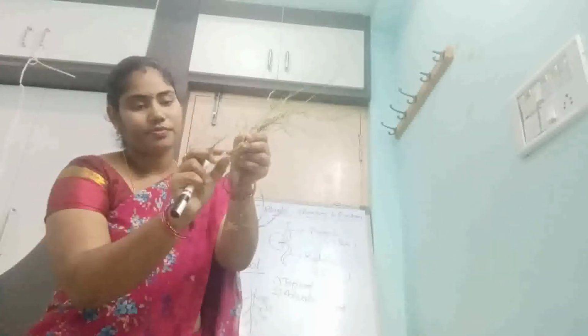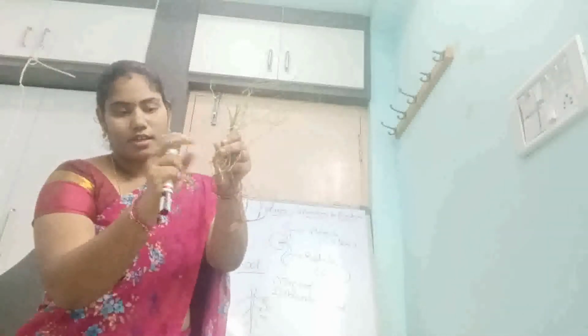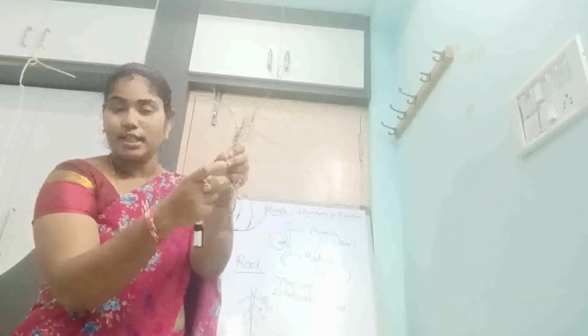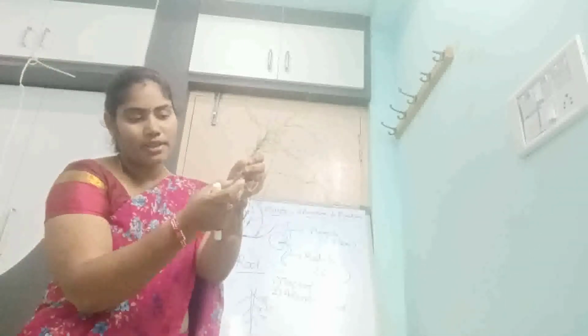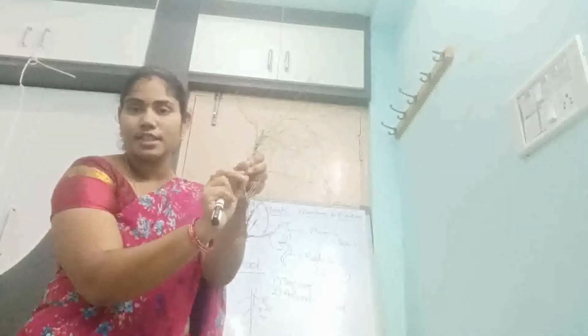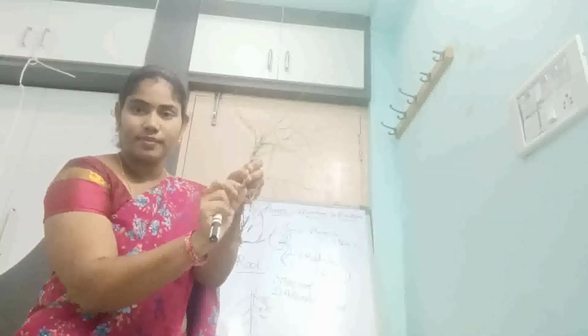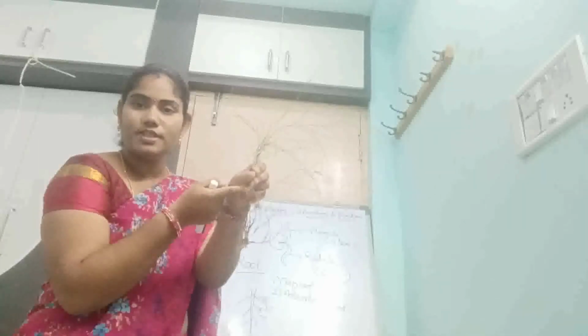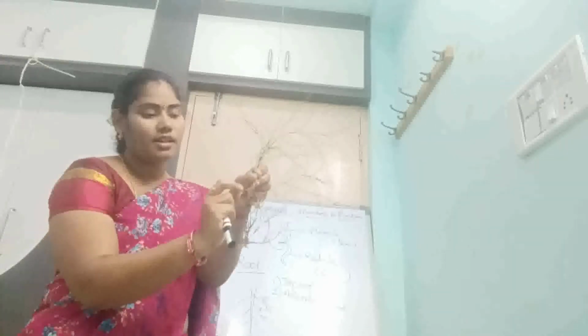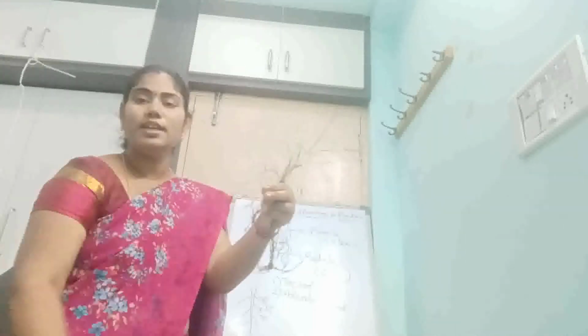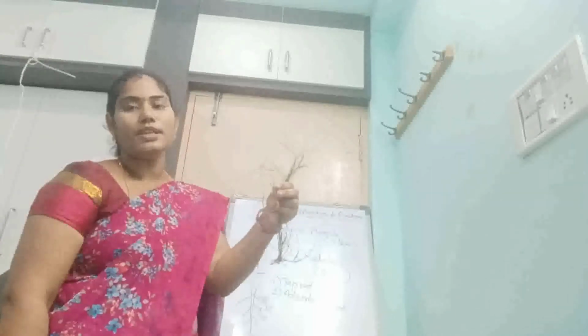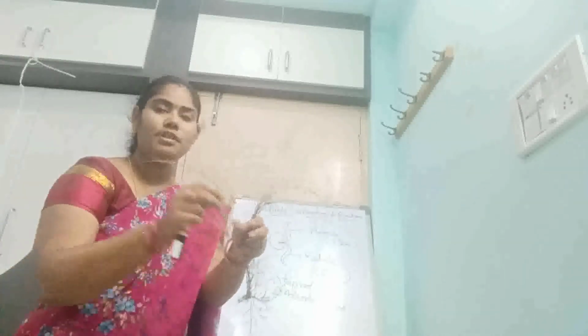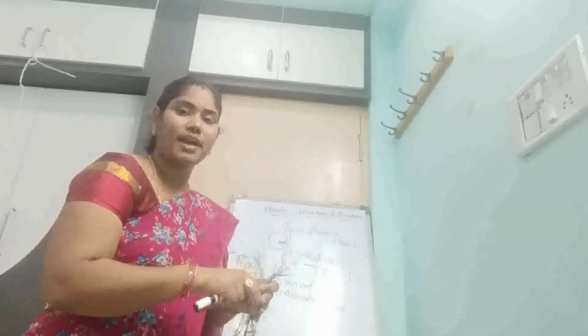Here we see all the roots are the same in size, and all come from a single point of the stem. The tip of the stem gives this group of single-type roots. Those are called adventitious roots, commonly seen in monocots. Examples: grass, sugarcane, paddy, maize. All these are examples of adventitious roots.